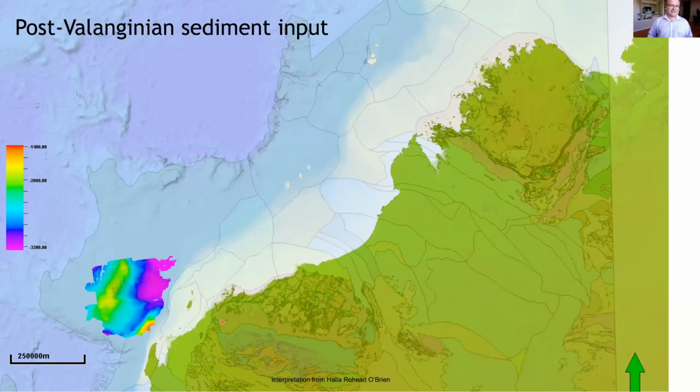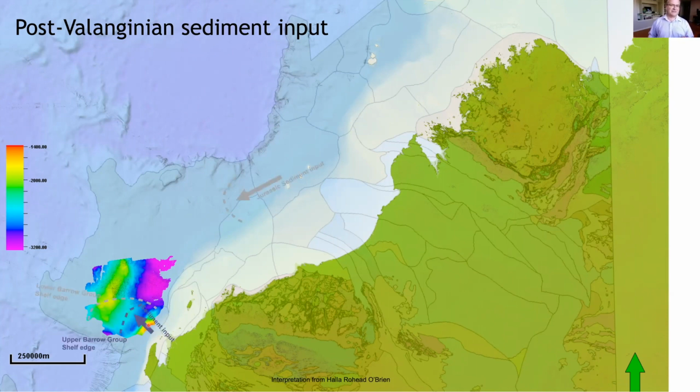What is interesting is that immediately after that uplift, there's another change in the sediment supply direction. The uplifted Exmouth subbasin now supplies the sediment towards the northwest. It's not quite as clear on this map, but again, you can maybe just make out a very subtle shelf edge here, which the interpretation will help you.